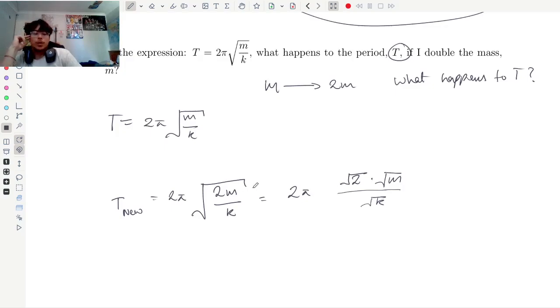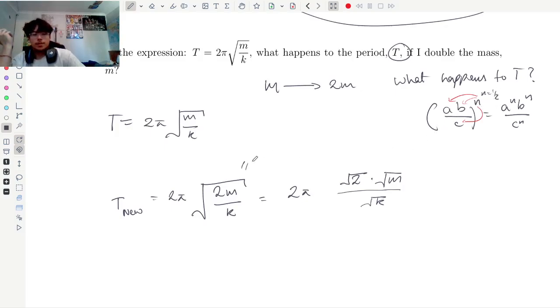Now, the reason why I can do this is because of the index rule here. If I've got something like a b c to the n, this is equal to a to the n, b to the n, c to the n. The n will just distribute. In this case, we have n equals 1/2.